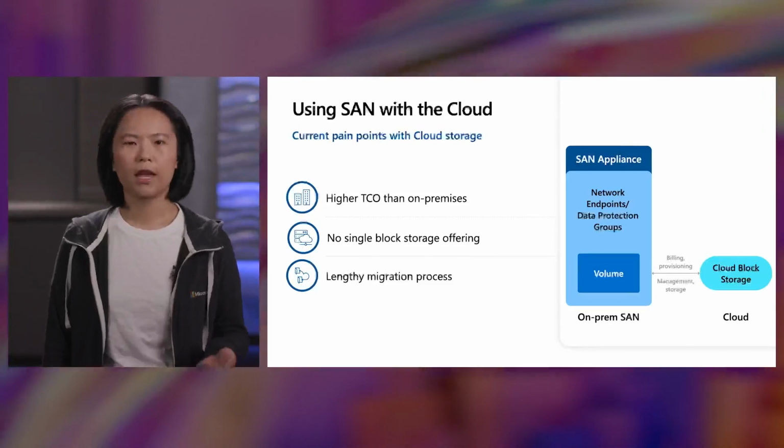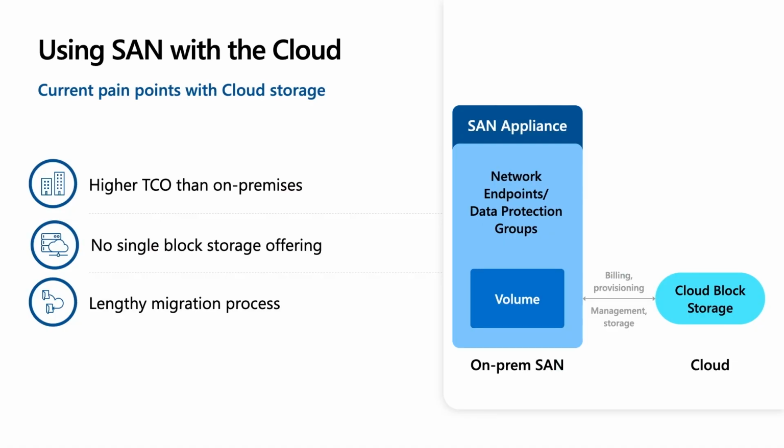Starting with cost, existing block storage options offered by cloud providers always have a dedicated performance target per individual volume or storage unit. Resources cannot be shared across volumes. Compared with on-premises SAN, the storage throughput delivered by a single appliance is shared across all volumes.